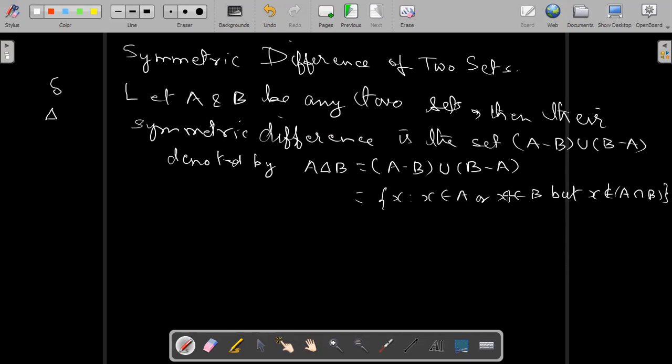We can easily show the symmetric difference in a Venn diagram.